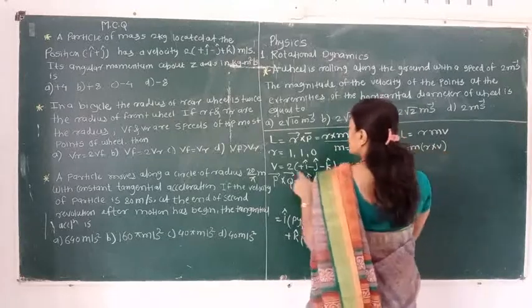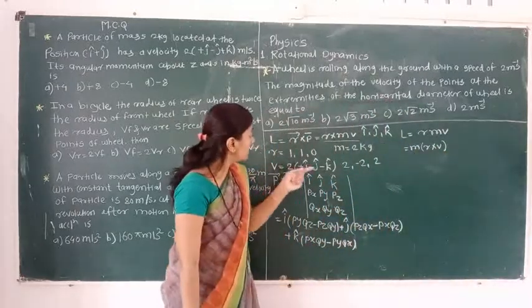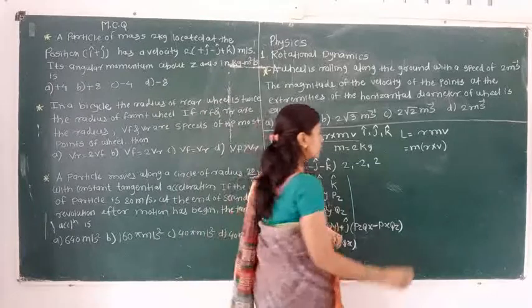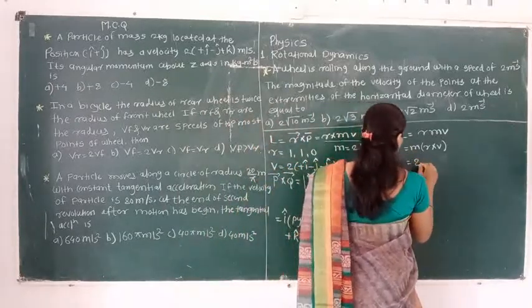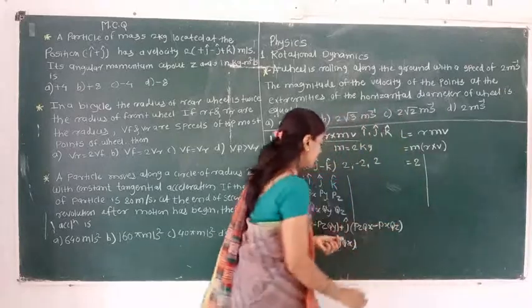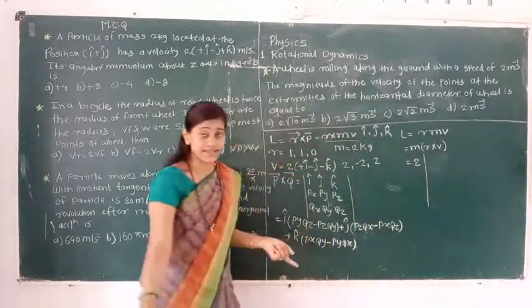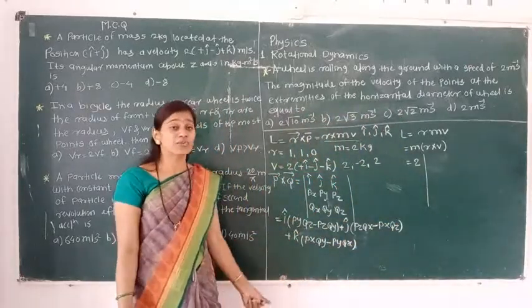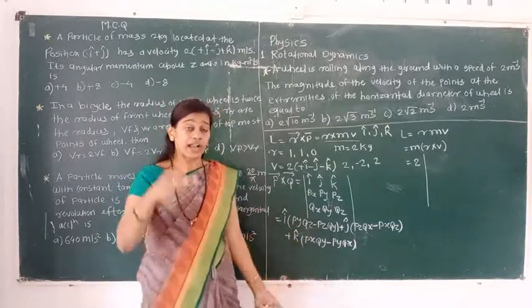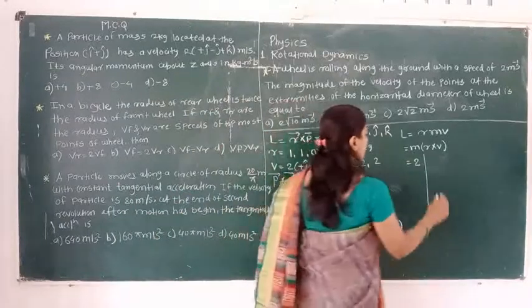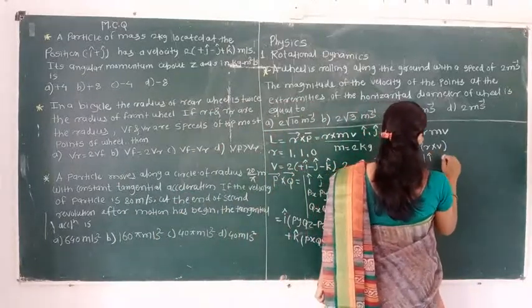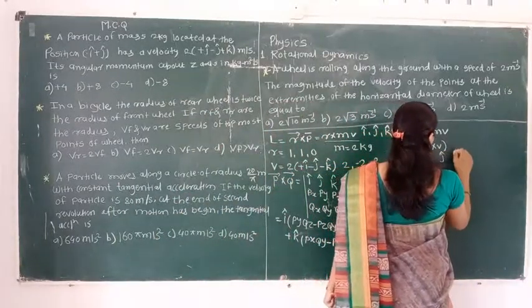So r is our p vector and v is our q vector. We know the value of m: m is 2 kg. So that 2 is multiplied to the whole answer. By using the determinant formula we find the answer, and that answer is again multiplied by 2 as per our formula. So here we will get i, j, k.